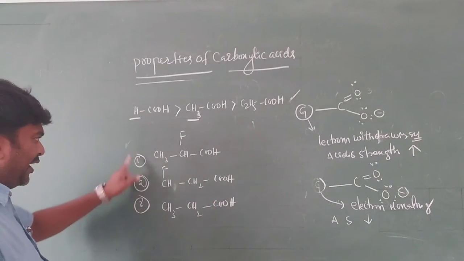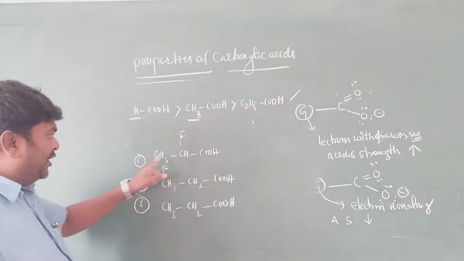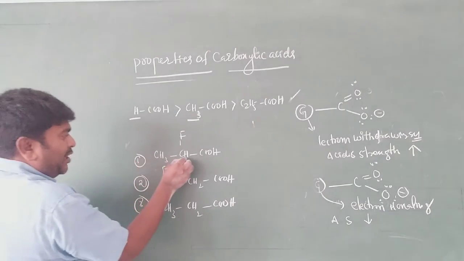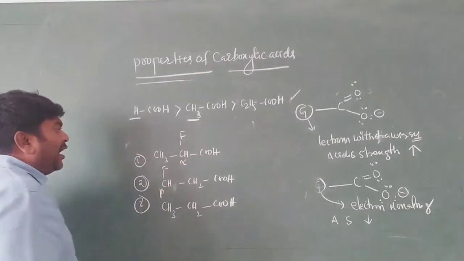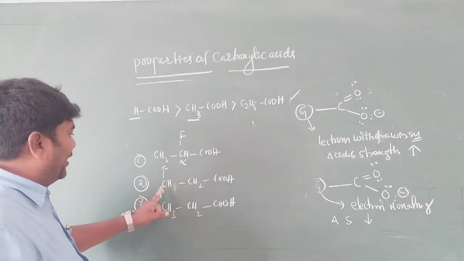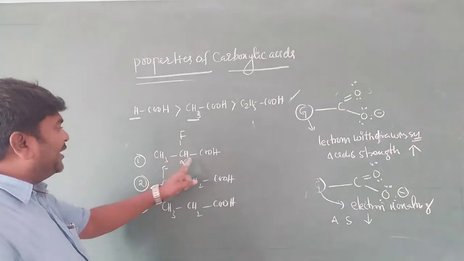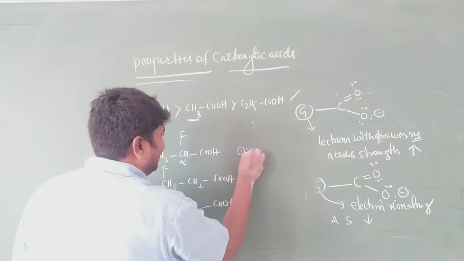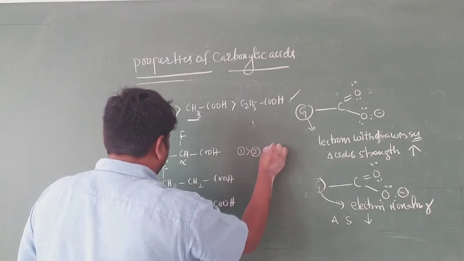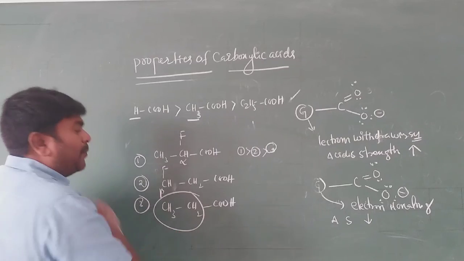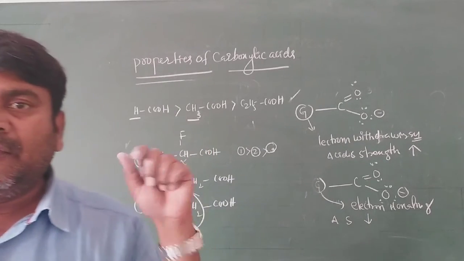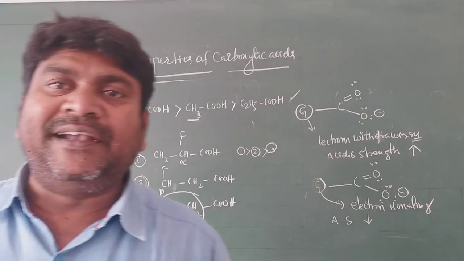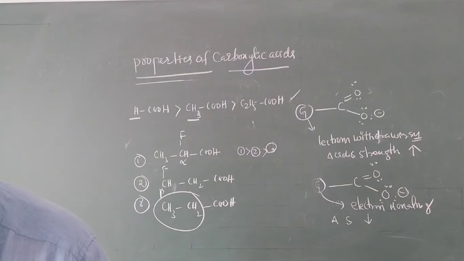Comparison between these: the same number of carbons, but here it is alpha position, here it is beta position. Fluorine at the alpha position is nearer to the carboxylic acid, so alpha is the strong acid. 1 is greater than 2, and 2 is greater than 3, because in 3 there is a positive I effect group. Very, very important, my dear students. This is a very important concept. I hope all the students have understood this one.